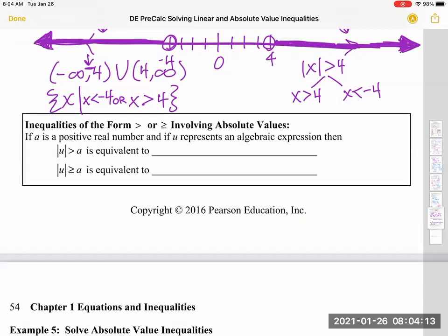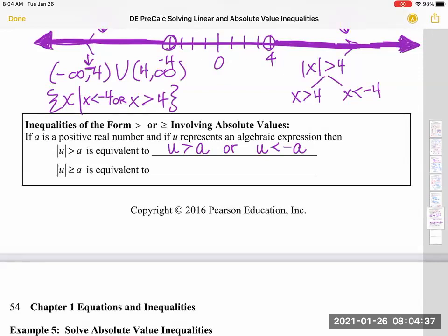So we have inequalities of the form greater than or greater than or equal to. If the absolute value of u is greater than a, then that is equivalent to u being greater than a or u being less than negative a.